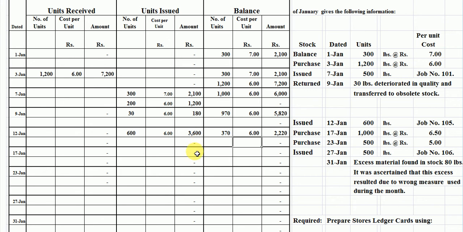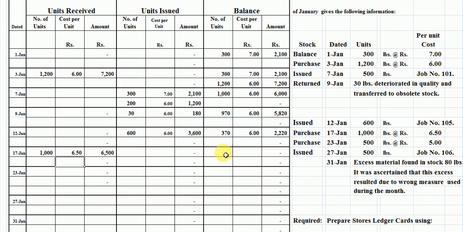Now students, on 17th Jan we purchase 1000 pounds at the rate of 6.50 per pound. We record this purchase in our units receipt column.